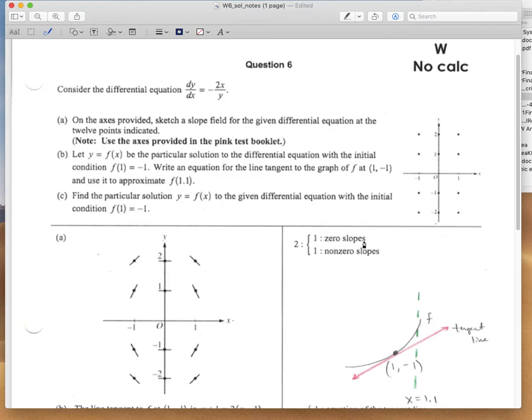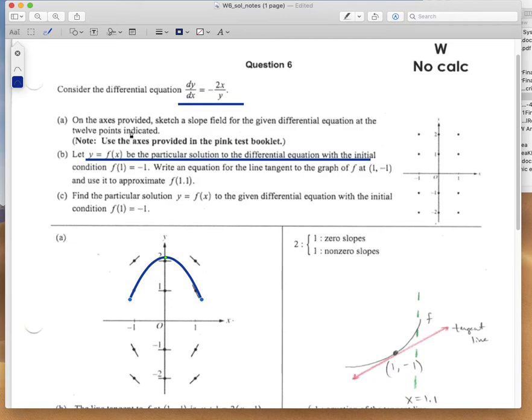Should be pretty easy. Part B, now they're naming a particular solution to the differential equation. Bear in mind, what a slope field does is it gives us the family of solution curves to this. So each one of these, if I could connect this, I don't know how much information I really have here, but let's say that looks like it could kind of go through those with appropriate slopes.